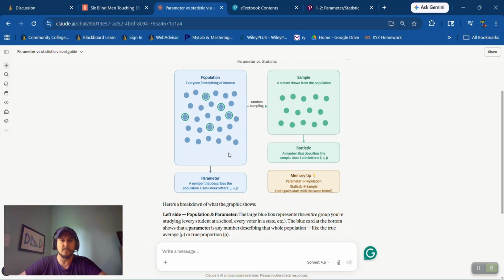In these blue boxes, we have stuff related to the population, whereas in the green box here, we have stuff related to the sample. So it's color-coded. You can see that it defines population as everyone or everything of interest, and they have a few of the blue dots circled with green. And this is the nice thing about Claude, is it kind of understands what route you're trying to take after you use it for a while.